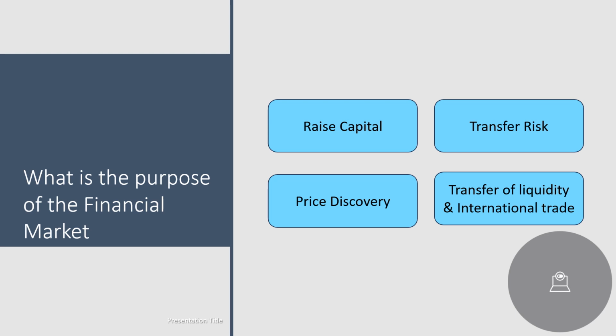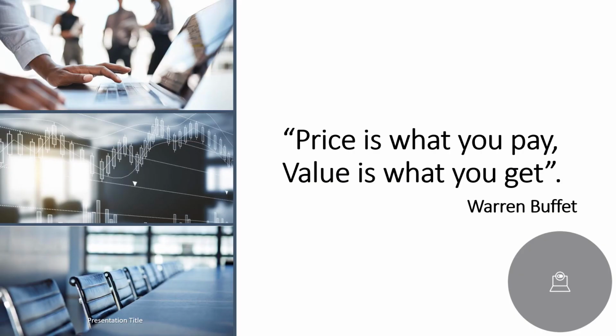Then there is a transfer of liquidity and international trade as well. This is just a very brief overview of why companies list their shares on a stock exchange: to create interest from investors to help benefit the company's growth and overall development.